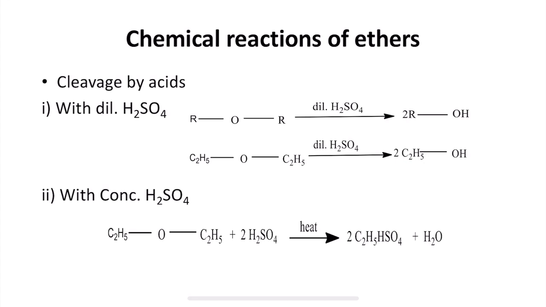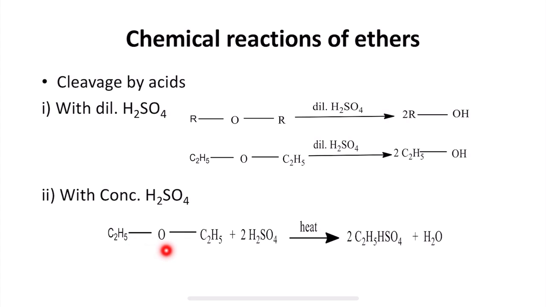When warmed with concentrated sulfuric acid, what happens? Ethers form alkyl hydrogen sulfates. So this is when concentrated sulfuric acid is used.